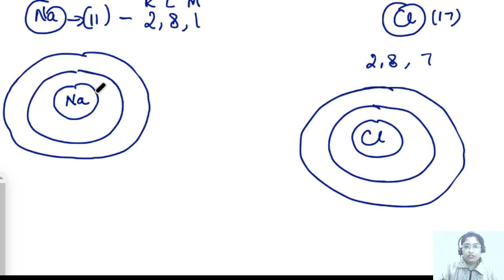In sodium, in the first orbit there are 2, in the second orbit there are 8, and in the third orbit there is 1. For chlorine, in the first orbit there are 2, in the second orbit there are 8, and in the last orbit there will be 7.